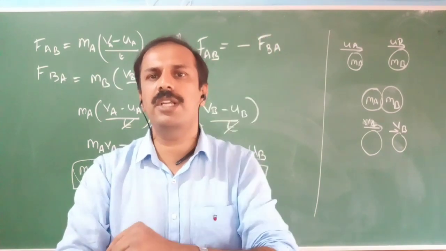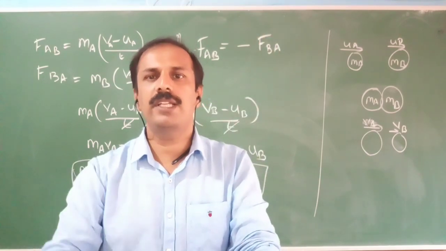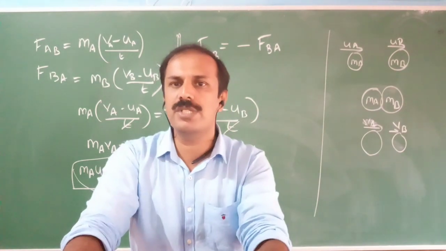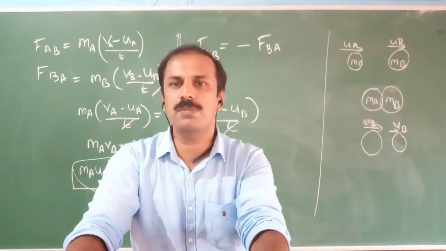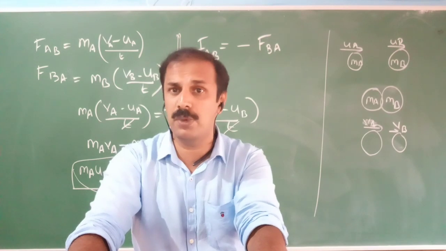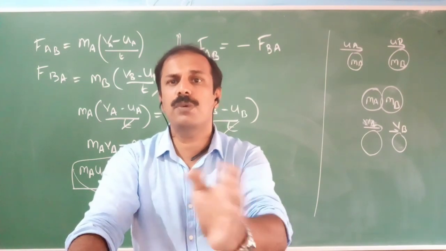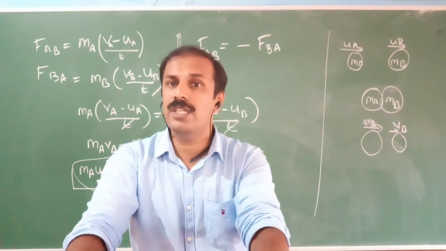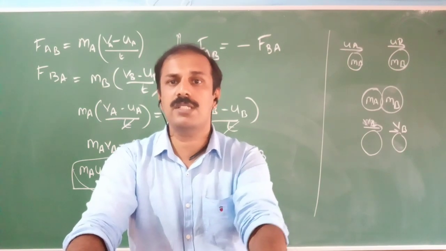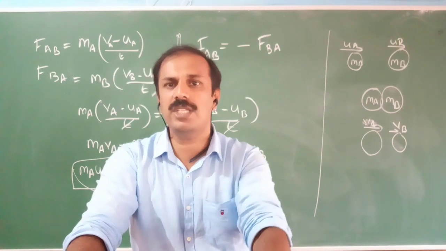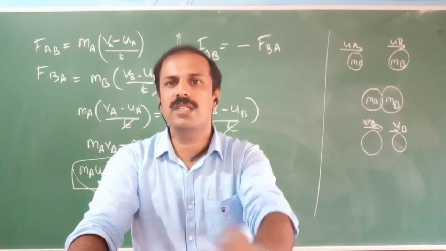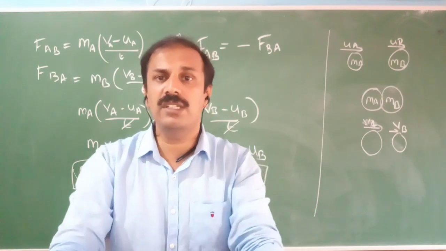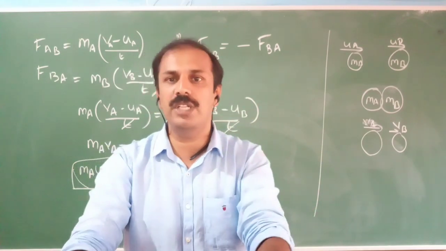So what are the things we studied today? First we started from force, and afterwards we discussed what is balanced force and what is unbalanced force. Then we came to Newton's first law. There we discussed what is Newton's first law, what is inertia of rest, what is inertia of motion, and after that we discussed that mass is a measure of inertia.